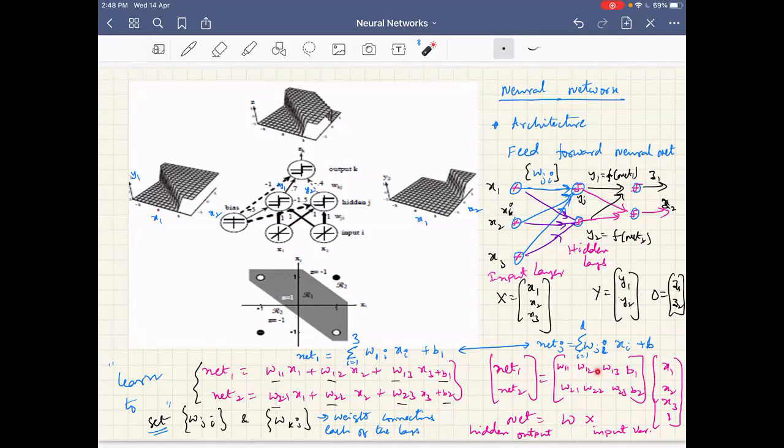These form matrix-vector equations, and learning the weight matrices from layer to layer is an important task in learning a neural network. Let us discuss that in the next class. Thank you.